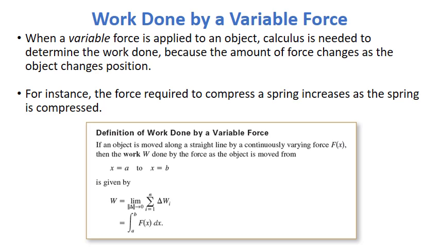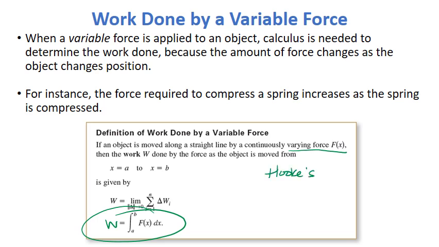If I want to find the work done here, this is the formula we end up using. I just want to remind you that f of x represents this varying force, so it's going to be some sort of function. There's something called Hooke's law that helps us calculate the force.